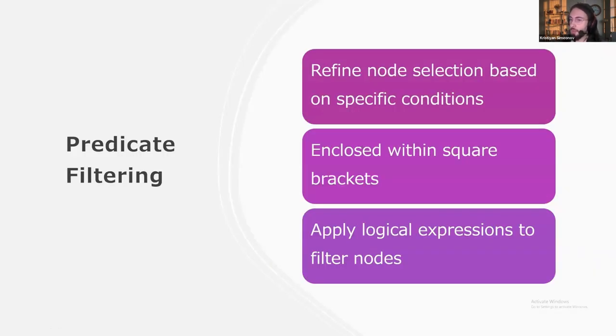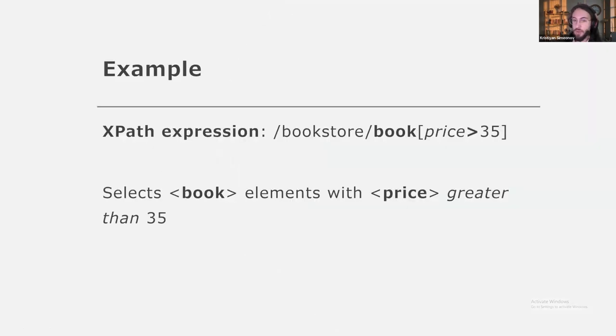So, predicate filtering. Predicates offer means of refining a known selection based on specific conditions, encoded within square brackets. Predicates allow for the application of logical expressions to filter nodes according to the desired criteria. And here is an example. We have the node bookstore and its child node book.